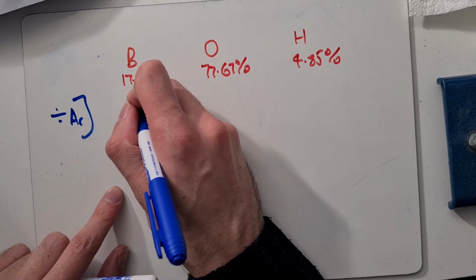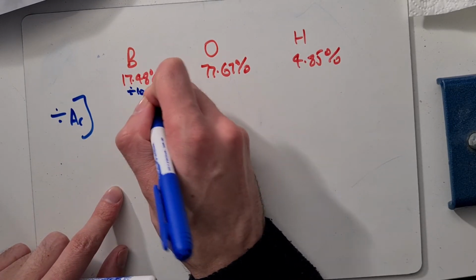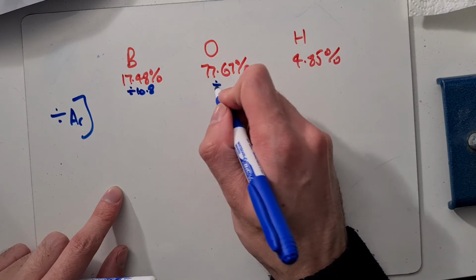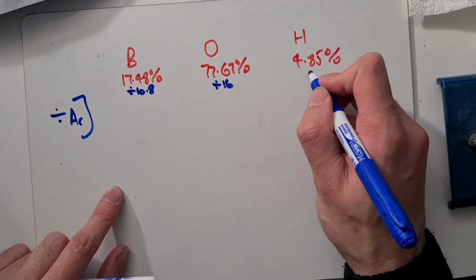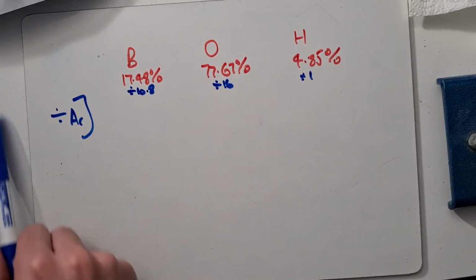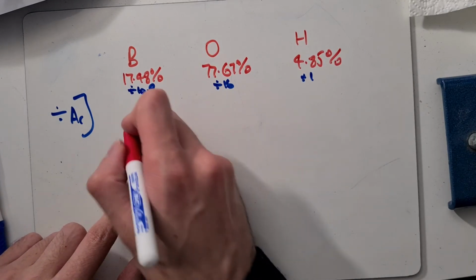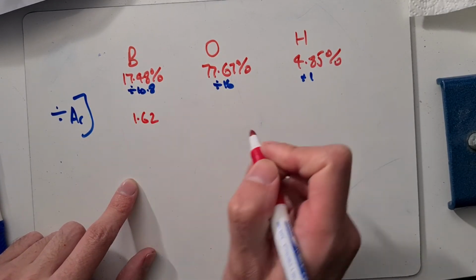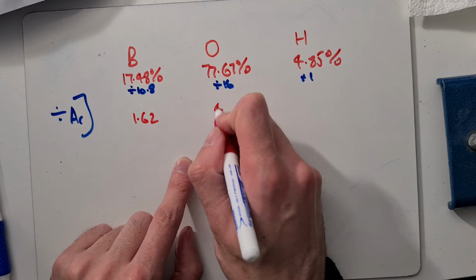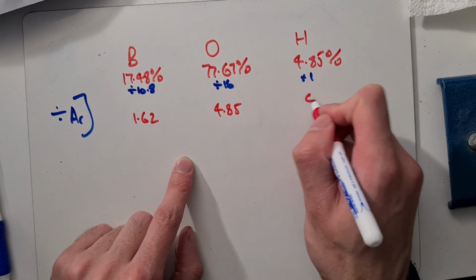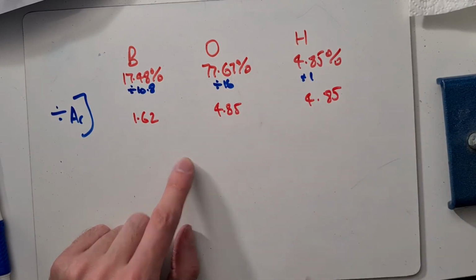So the first step we're going to do is divide each one by its relative atomic mass. So in boron's case, we're going to divide by 10.8. Oxygen, we're going to divide its percentage by 16, and hydrogen by 1. And that will give you 1.62 here, 4.85 here, and 4.85 here.